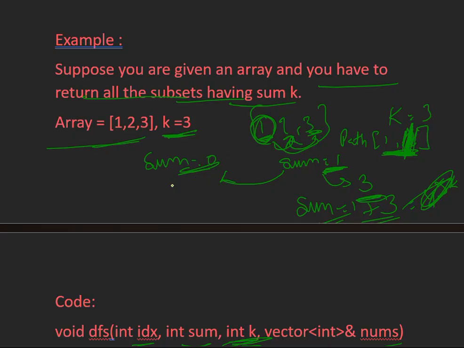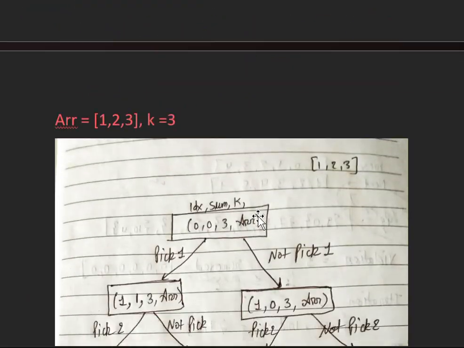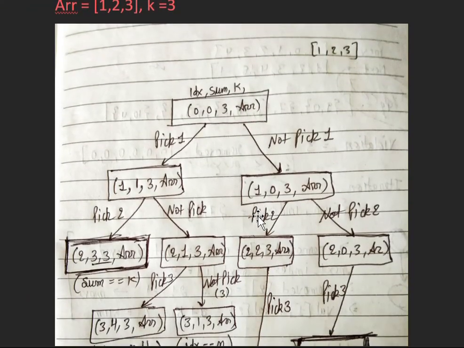Now for not picking 1, we have to remove 1 from the path, right? This way backtracking works, that is undoing the change that we have done while going further in the recursion.